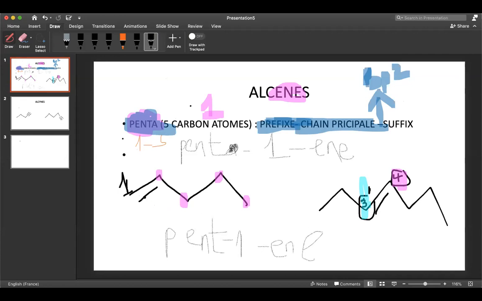So someone might ask a question. Okay, let's move the position of the double liaison. We move it here. We still consider rule number 1, chain principal. Rule number 2, look for the lowest index for the double liaison. So we count 1, 2, 3.